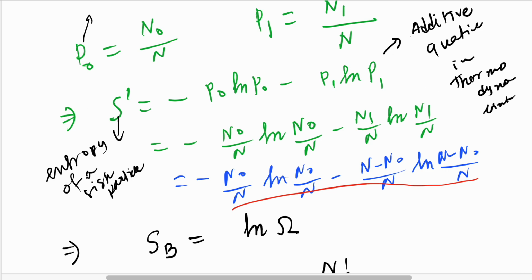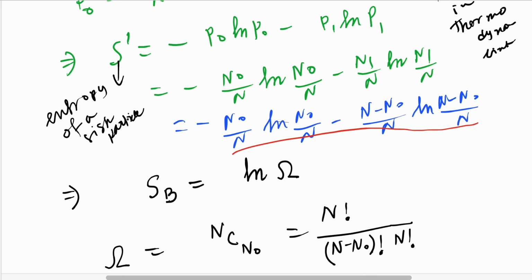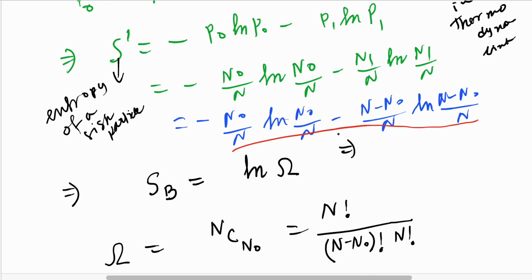That means if the entropy of a single particle is S prime, what will be the entropy of the whole system?